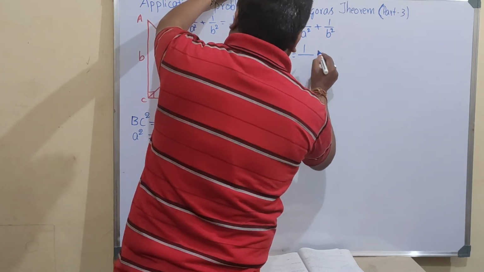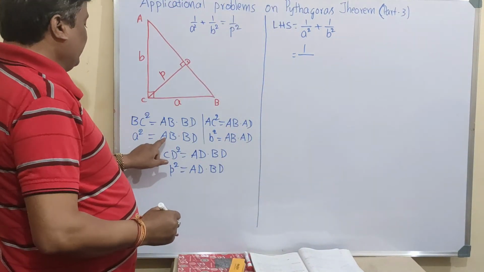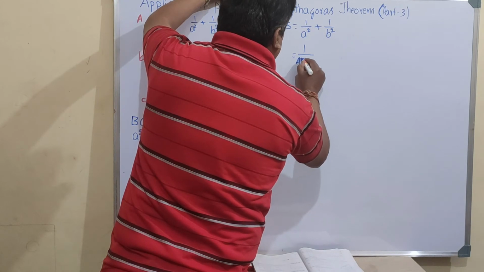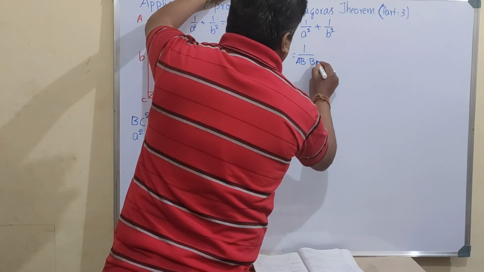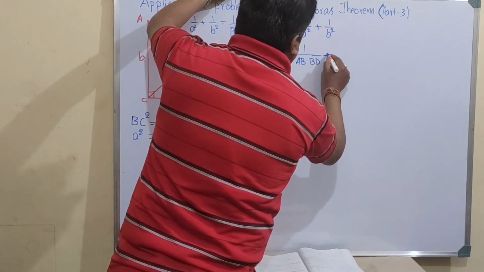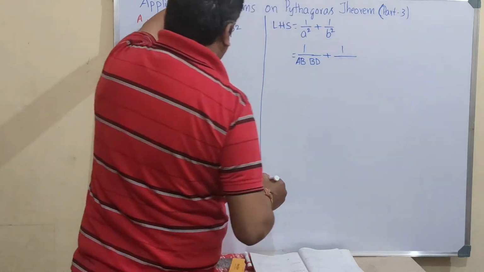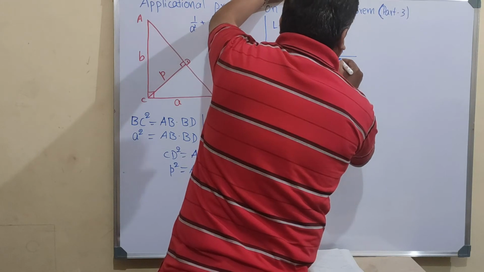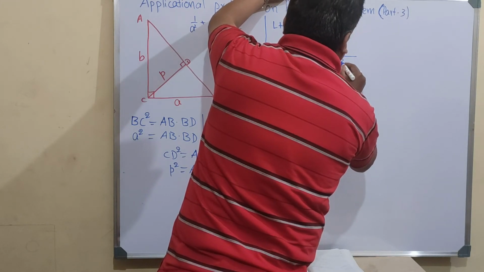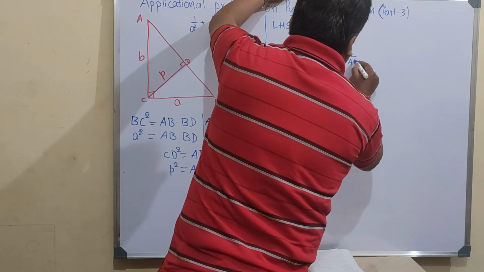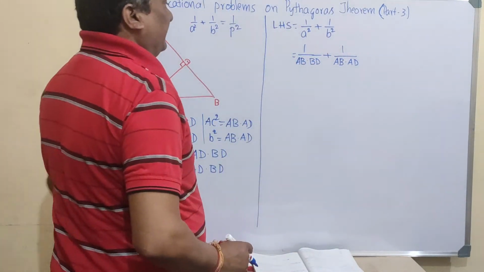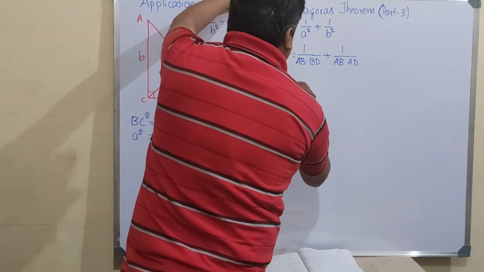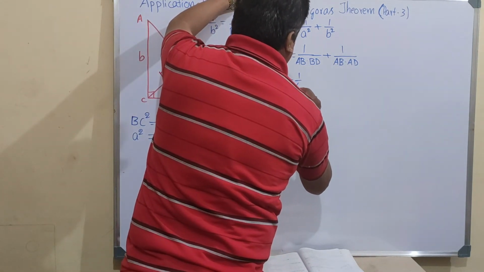What can we write for A square? For A square we can write AB into BD, plus 1 by B square. For B square we can write AB into AD. Here we can take 1 by AB as common.